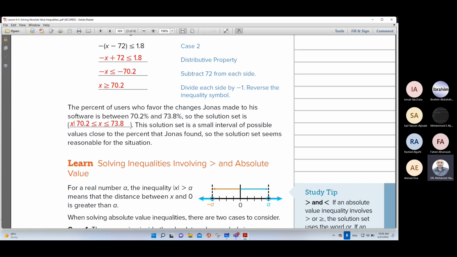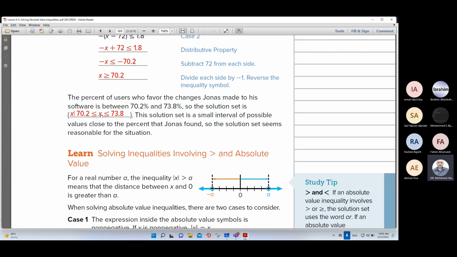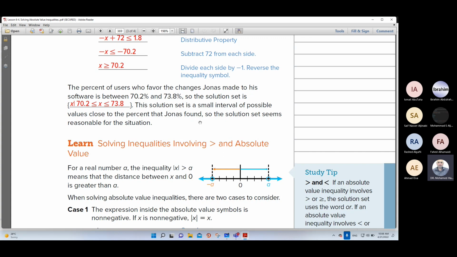So the solution set is x less than or equal to 73.8 and greater than or equal to 70.2, using the variable x. This solution set is a small interval of possible values close to the percent that Jonas found. So the solution set seems reasonable for the situation.